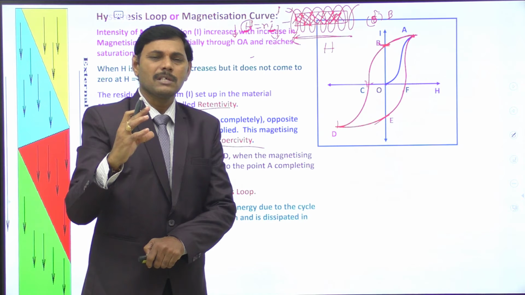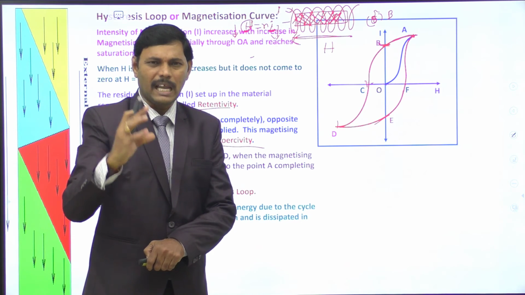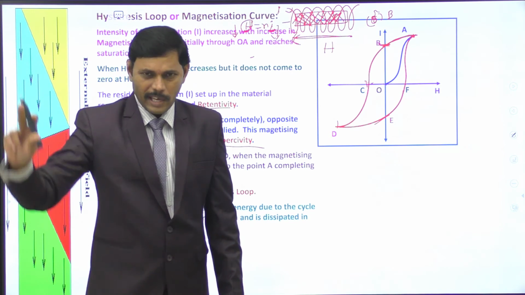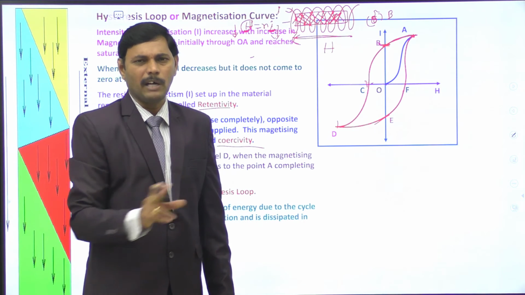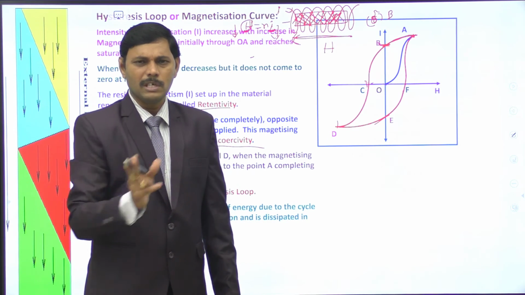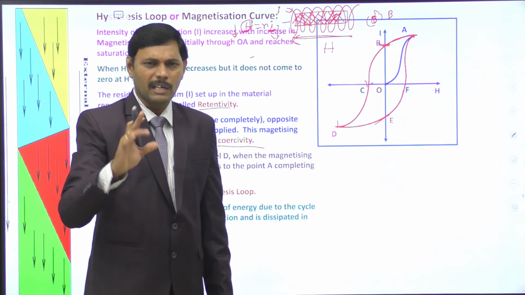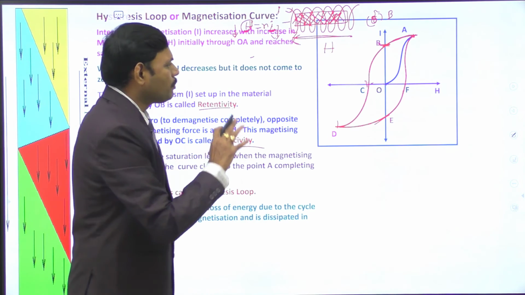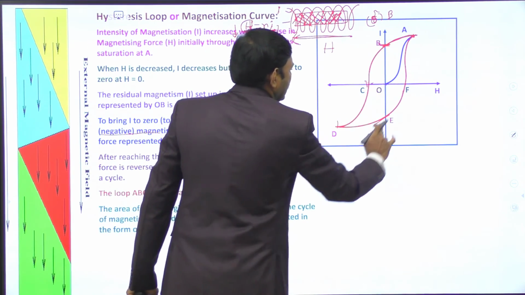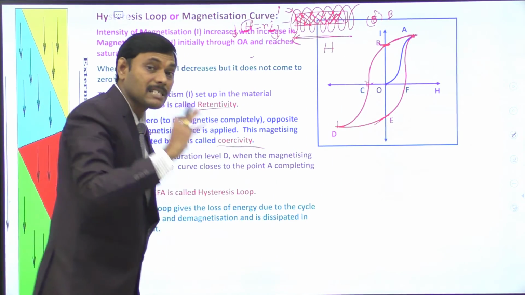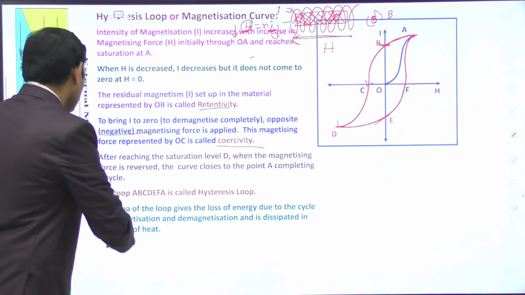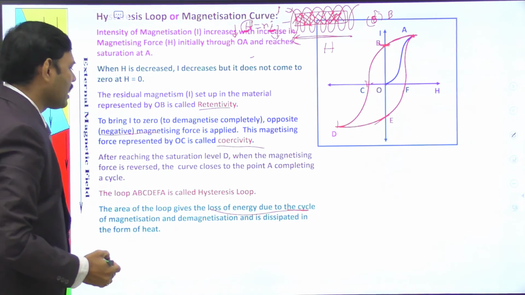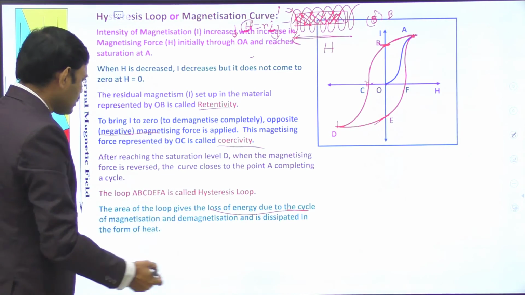Because of this, the area of the loop clearly shows the loss of energy when the magnetic material undergoes a cycle of applied H value: positive, 0, negative, 0, positive. It is dissipated in the form of heat.